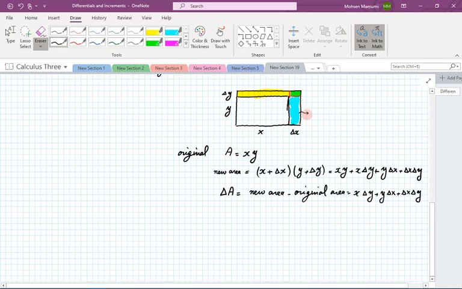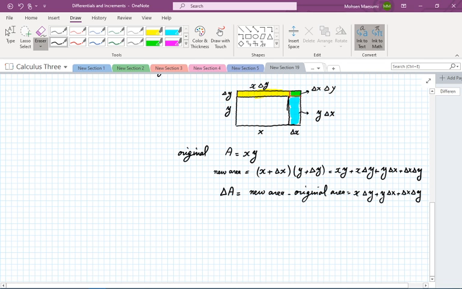So this blue one, of course, is delta x times the height y. So you can write it as y delta x. The yellow one, you can see this side is x and the thickness is delta y, so that's x delta y. And the green one, the sides are delta x and delta y, so this is delta x delta y.